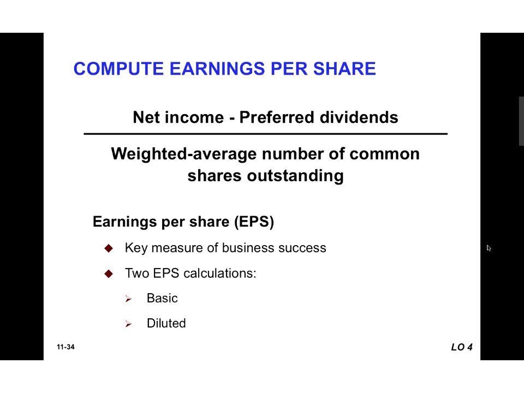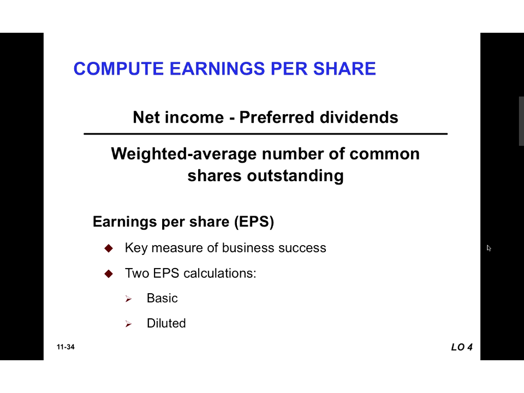So to do this, we have a formula. And this formula is net income minus the preferred dividends divided by the number of common shares outstanding. We're going to have an example coming up here. But what we're trying to do in the numerator is say how much money is earned for the common shareholders. So we have the net income. We're subtracting the preferred dividends out because that's not available to the common shareholder.